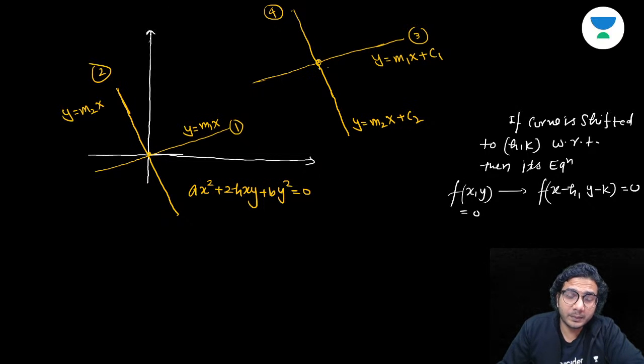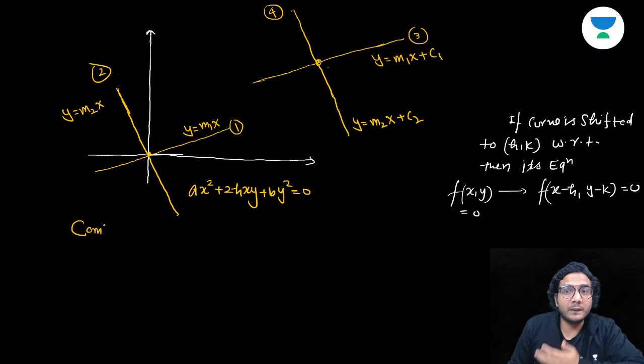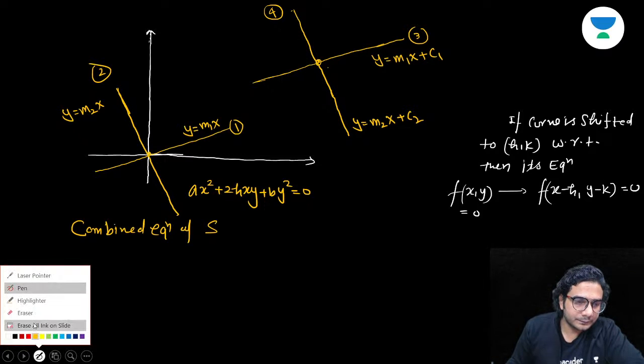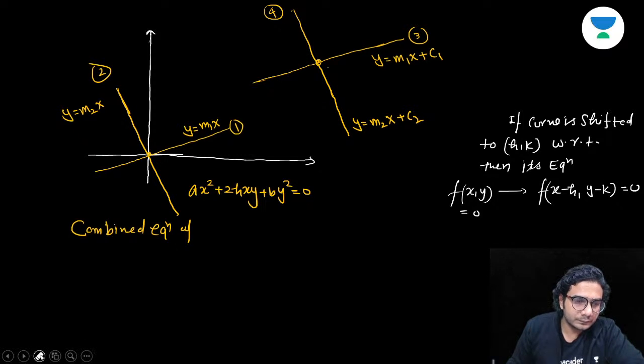Now what will be the combined equation? Let's write the combined equation using the shifting we have learned. Combined equation of lines 3 and 4.